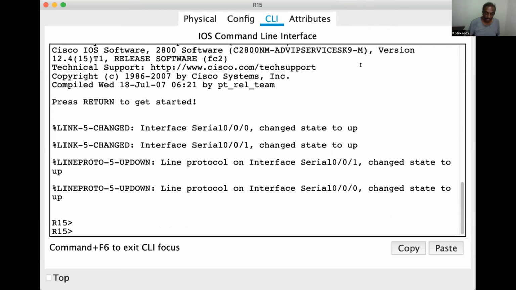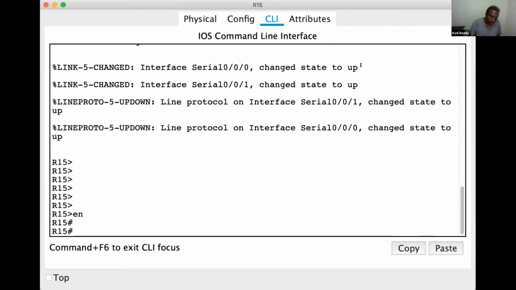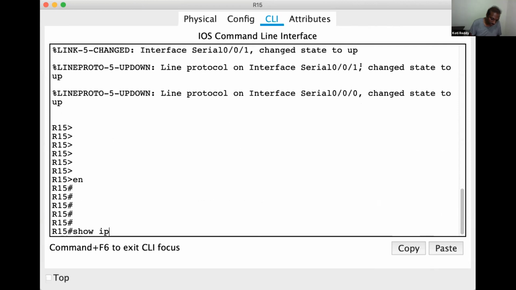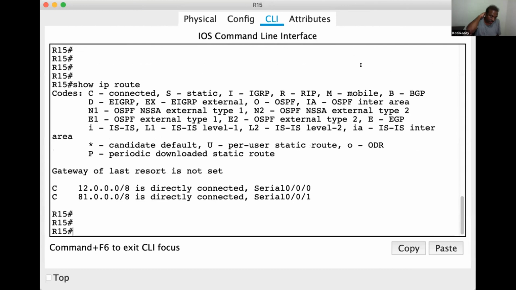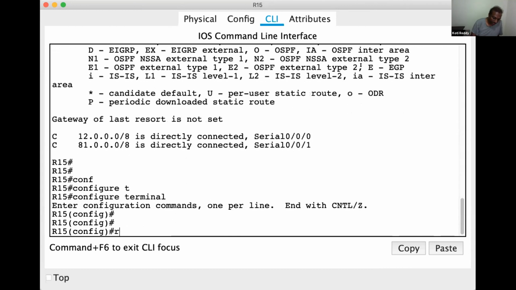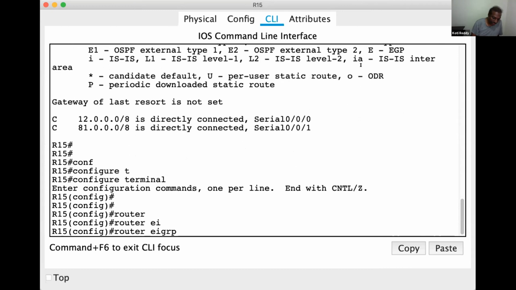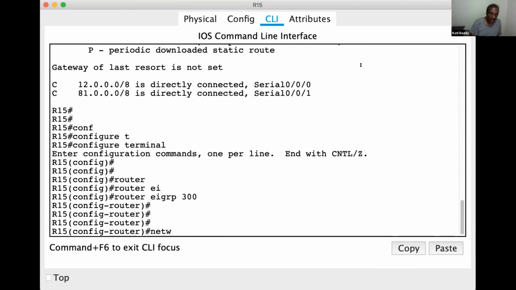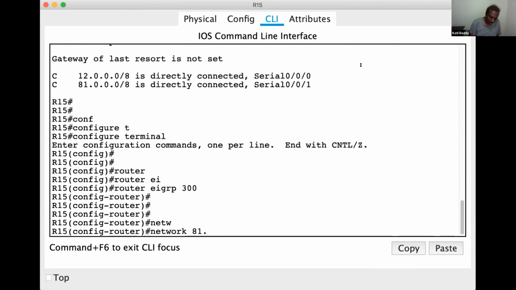I go to R15. I say enable. I give the command show IP route. So I should enable on serial 0/0/1. So I say configure terminal, router EIGRP 300, and I give the command network 81.0.0.0.